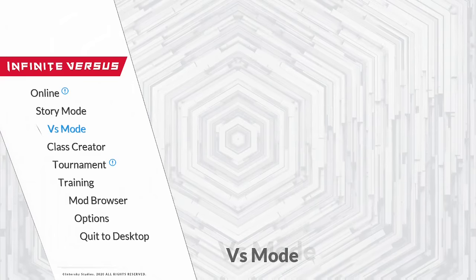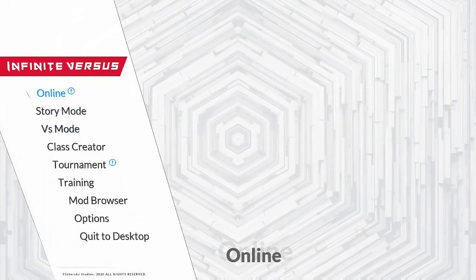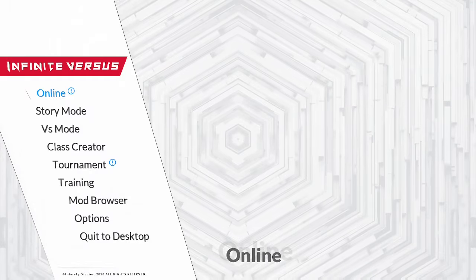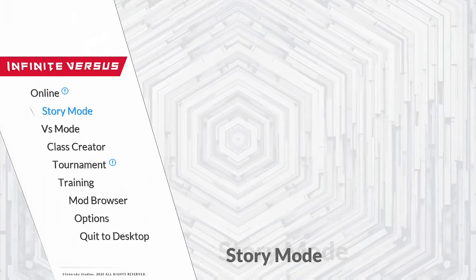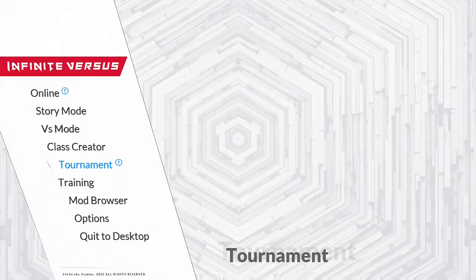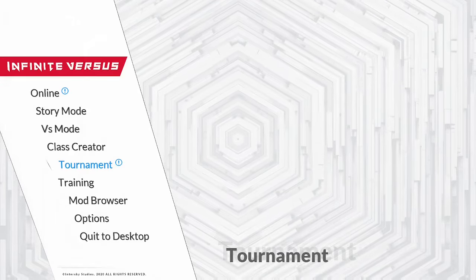Everything's here. All right. And because this game is no longer available, of course, online mode is not going to work. And also, we don't have the internet on. Story mode is not going to work because you have to download the stories. Certain things won't be available. Class creator will not be available. Tournament won't be available.